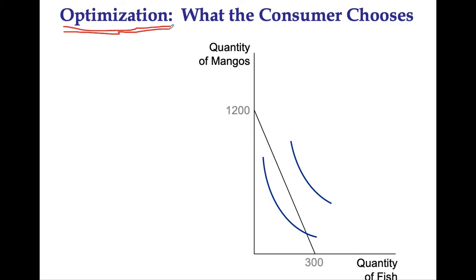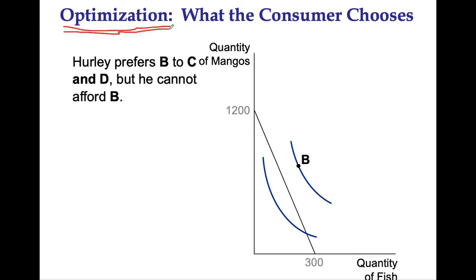So let's see how the consumer puts his preferences and budget constraint together to find the bundle of goods that at the same time gives him the highest satisfaction possible, taking into account his budget limitations.